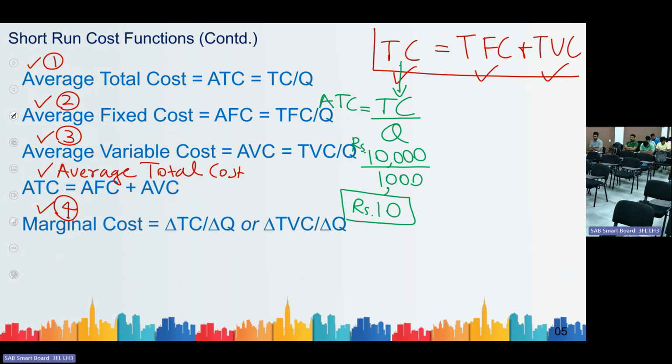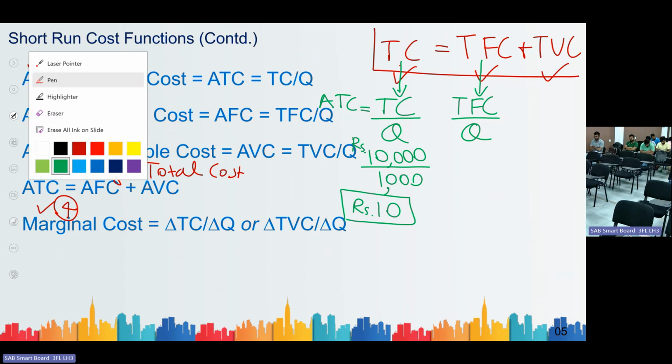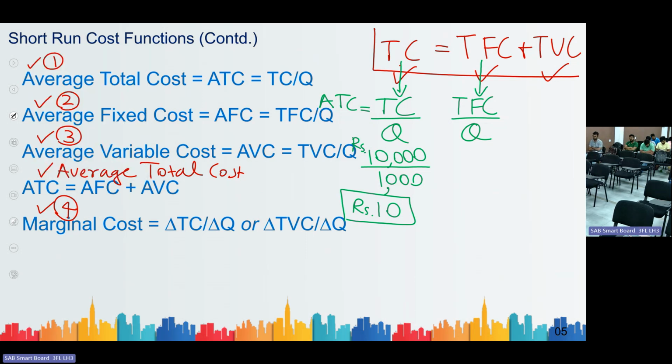The next concept is average fixed cost. We calculate average fixed cost by dividing total fixed cost by output. Let's say out of this 10,000 rupees, 4,000 rupees is fixed cost.